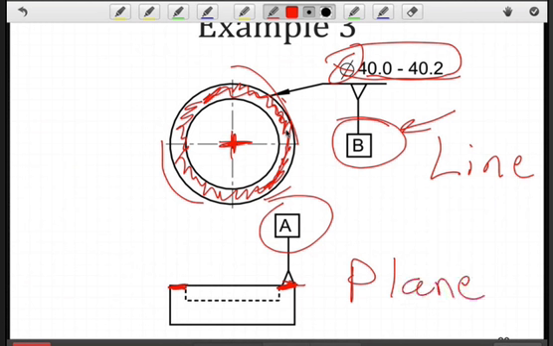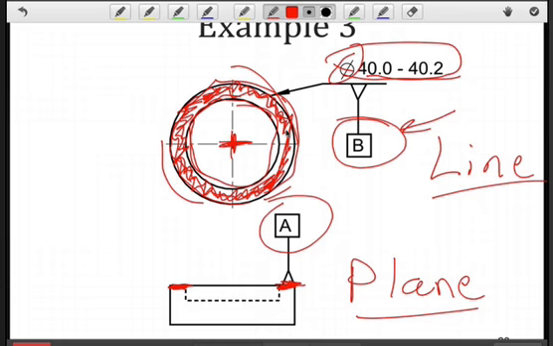Now you might be tempted with this 2D annulus to treat it as a circle and therefore say that the center point is the datum corresponding to that 2D annulus. But again, you have to look at the surface itself and not, for instance, this inner circle and this outer circle. So don't be tempted to use the edges there, but use the surface. And we end up with a line and a plane in this example.